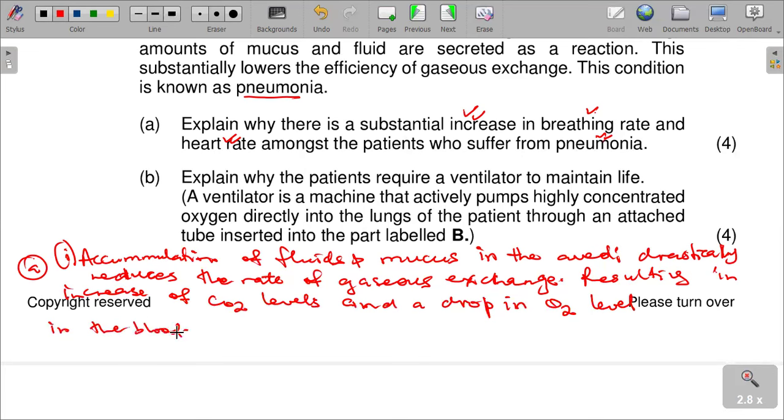And then what happens is that the high level of carbon dioxide stimulates the medulla oblongata to send impulses to breathing muscles and also heart muscles. That's number two.